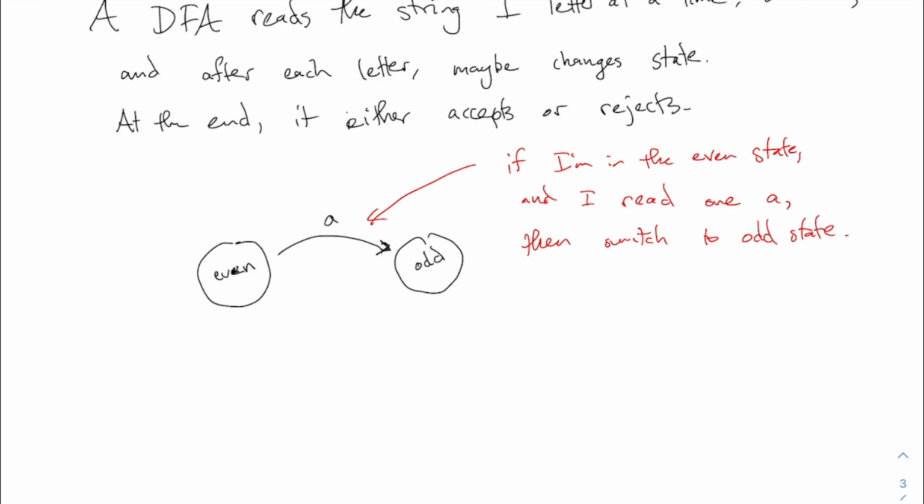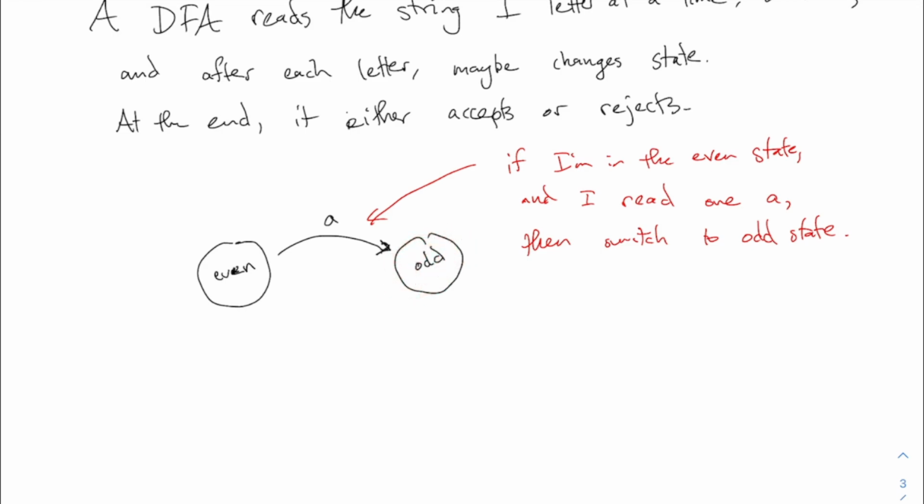So that arrow has a little A on it, because this is what you should do if you see the letter A. Now, in this example, the letter A is the only letter possible. But in other examples, you might have some arrows labeled with A's, some with B's, or zeros and ones, or whatever.